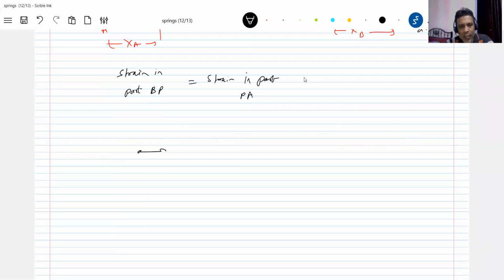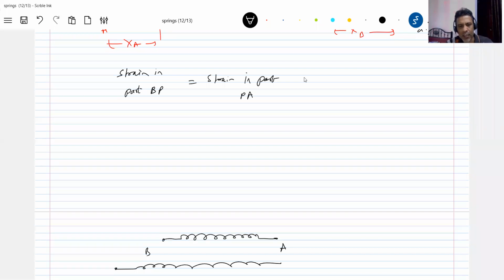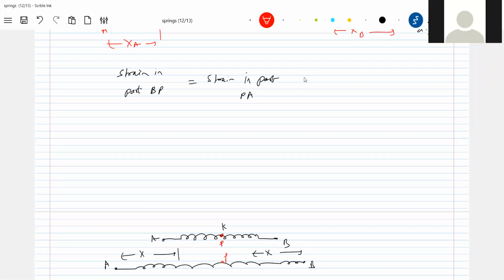If there's a spring and I give equal displacement to both the ends, this is XA, this is XB, both the ends the same displacement, tell me, the midpoint will not undergo displacement. Am I right?